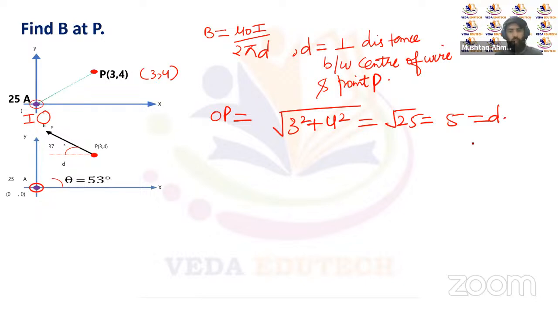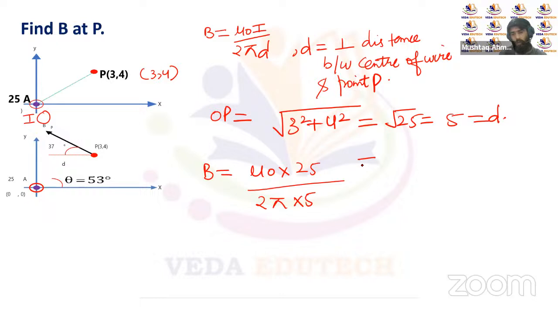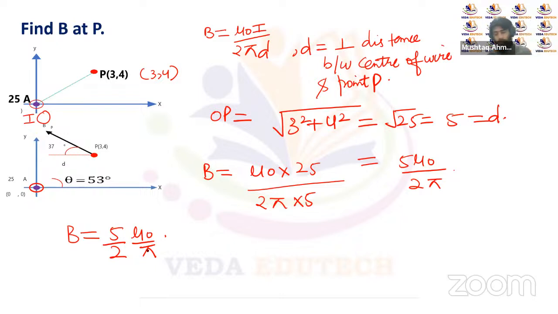Now substituting d equal to 5, we get the magnetic field as mu naught times I, which has the value of 25 amperes, upon 2 pi multiplied by 5. So it will be 5 mu naught upon 2 pi. This will be the magnitude of the magnetic field at this point P, that's 5 by 2 mu naught upon pi.